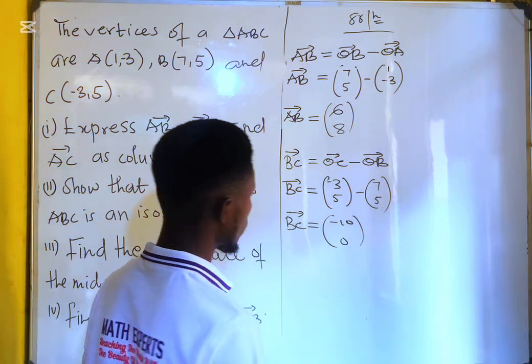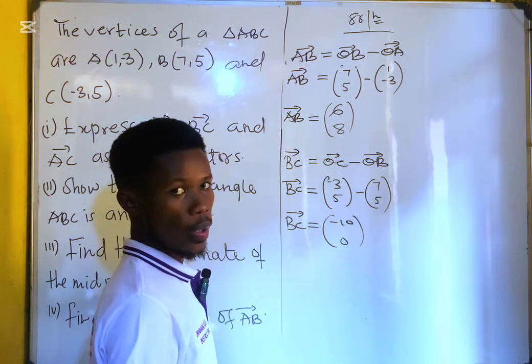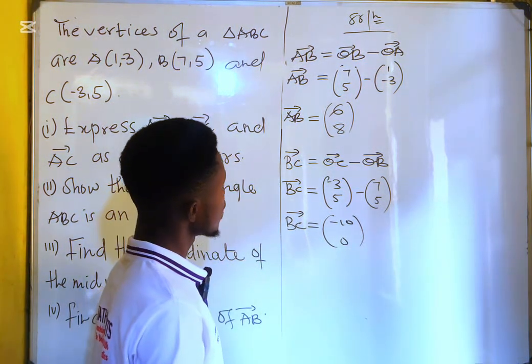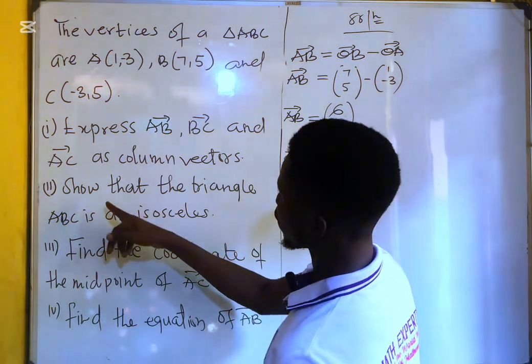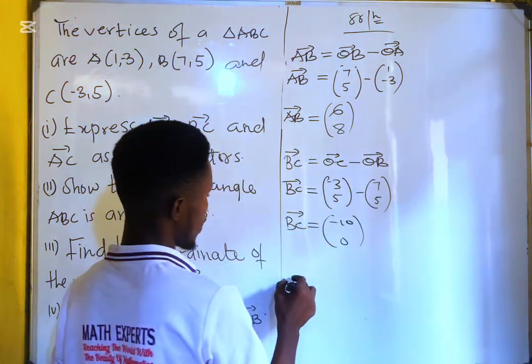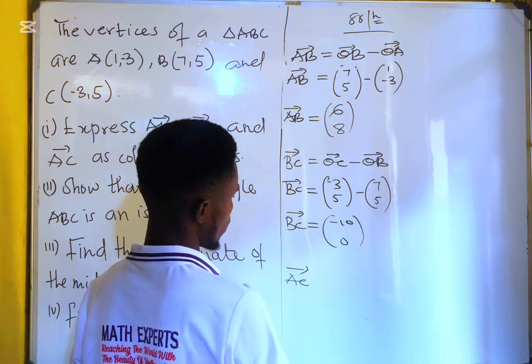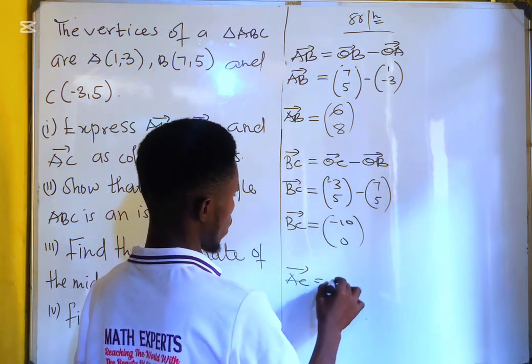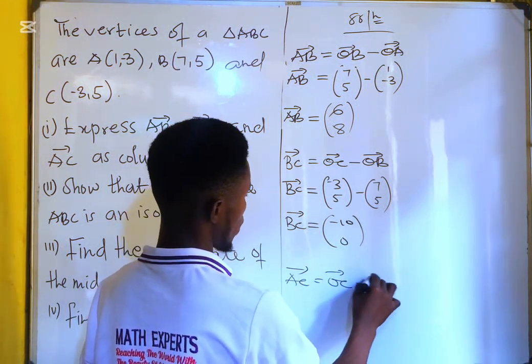And then what else? The last one said AC. So AC, you are going to have OC minus OA.